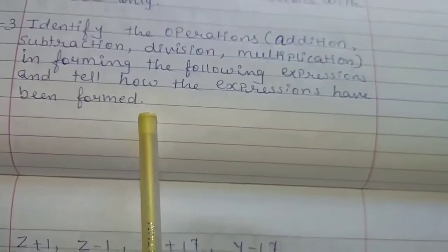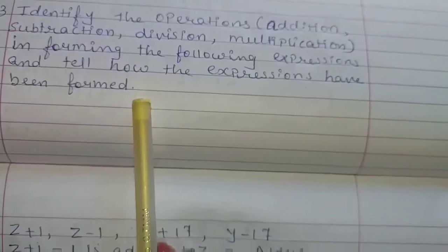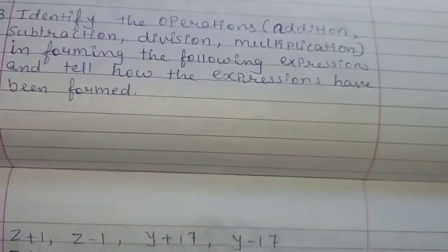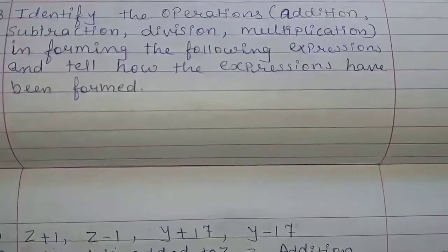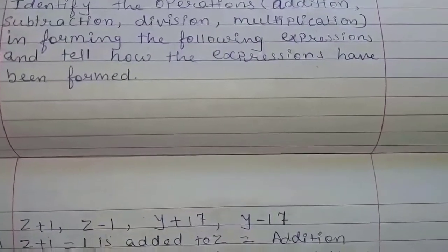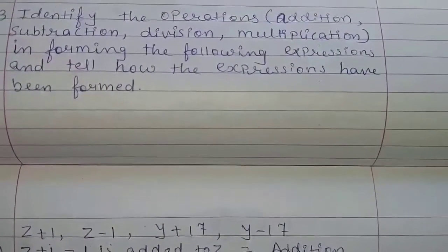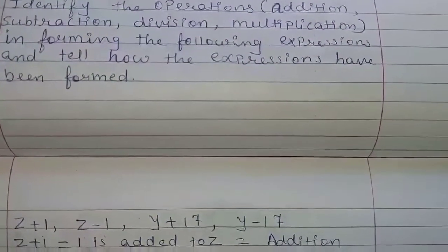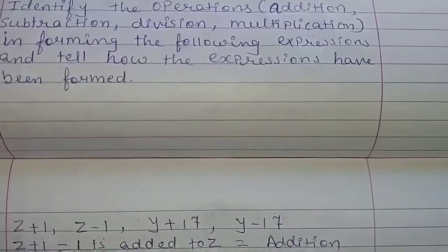We also have to write how these expressions have been formed. For example, here different examples are given. Z plus 1, Z minus 1, Y plus 17, Y minus 17. So, how to write addition formations in the statement form? It is written Z plus 1.